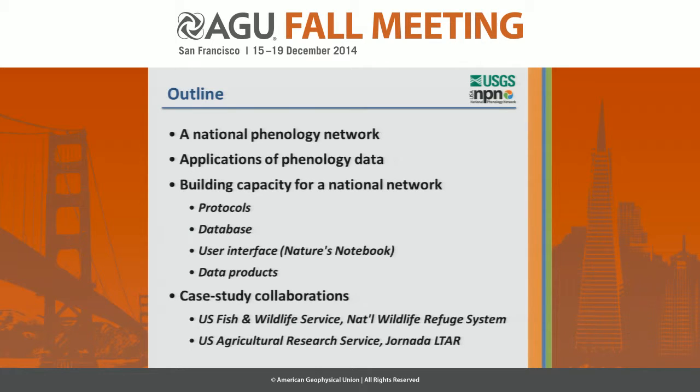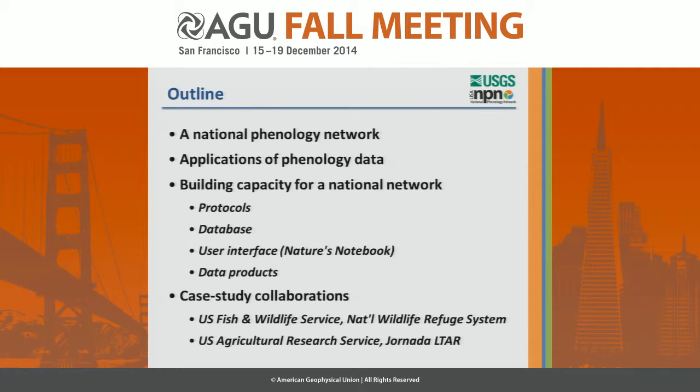We've come to this idea of building capacity for a national network where it can bring people together. It has 4 key components to it, and without them I don't think you could really have a national network: a standardized set of protocols, a database, a user interface we call Nature's Notebook for data in, data out, and data products.